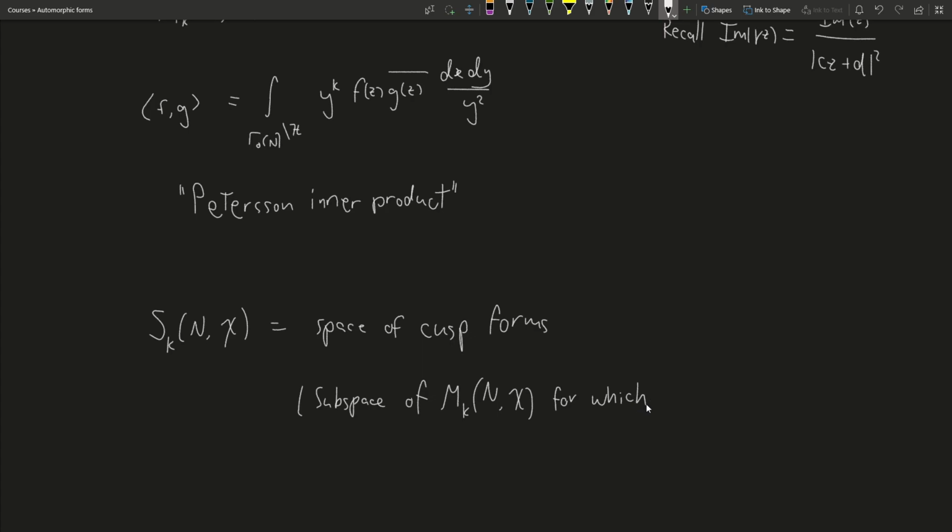When I say the constant term vanishes, what I mean is that these things all have Fourier expansions at infinity in particular. Well, they have to vanish at all cusps, for which the integral from 0 to 1 of f of the scaling matrix applied to z, dx, is 0.